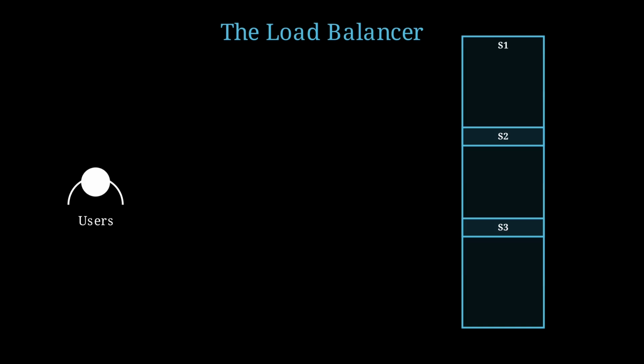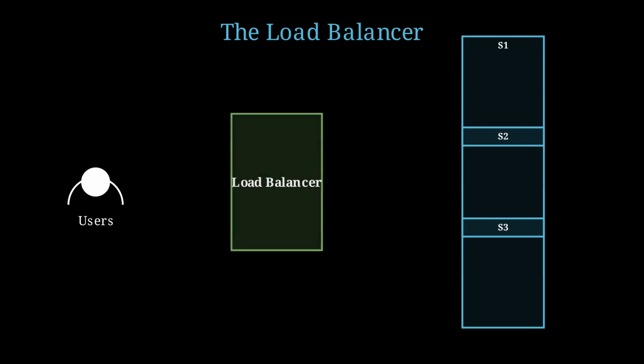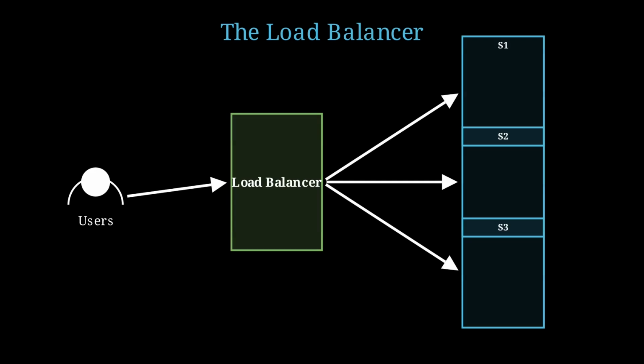If the user sends a request, which server is going to receive it? Your application is deployed on the 3 servers. For example, user 1 sends a request. Which server should it go to?